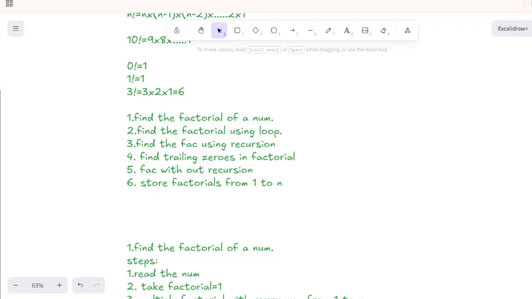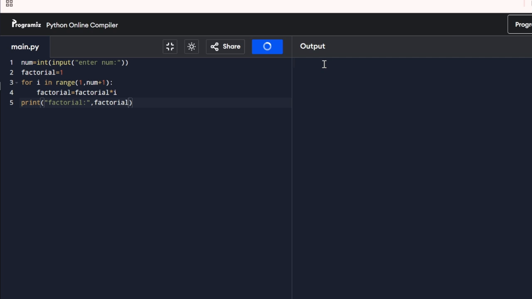So if we take an input called 5, we'll run it again. Initially factorial will be initialized to 1, right? So i will be initialized to 1, factorial will be initialized to 1. Then 1 into 1 will be stored in the factorial, that is 1.